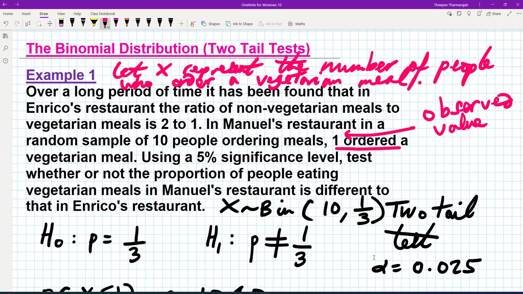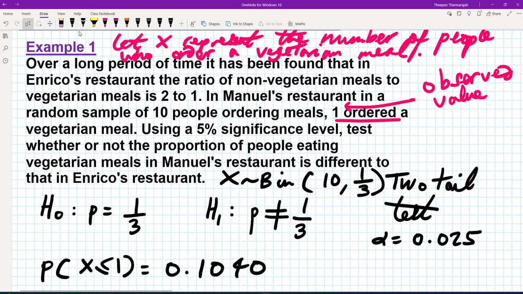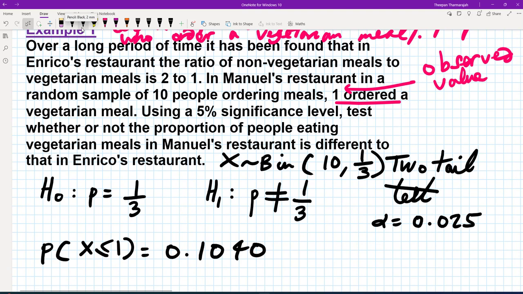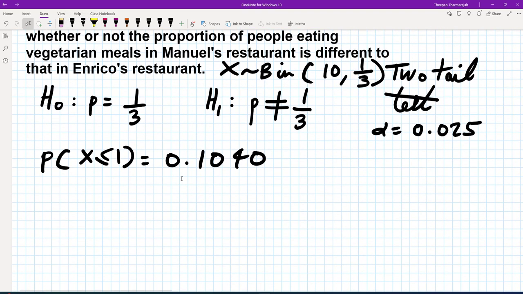That's called defining our random variable. And we've got our binomial model as x follows the binomial of n being 10 and the probability being a third.